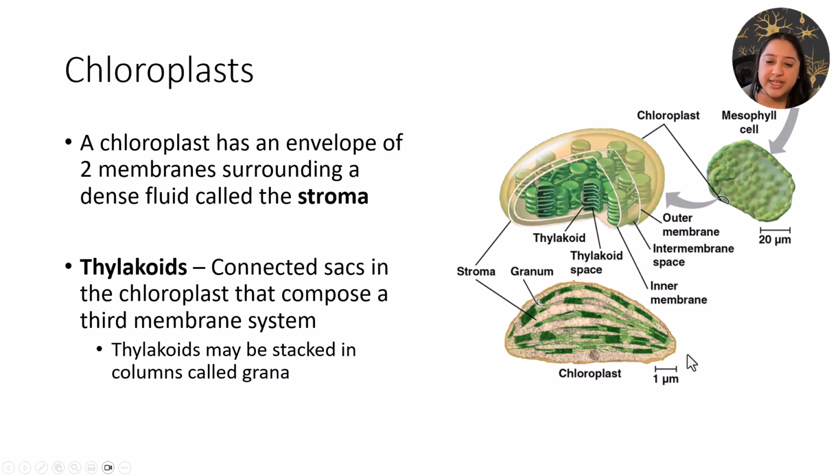It's not that easy to see in this picture, but yeah, there's 2 membranes. And then within those 2 membranes on the inside, there's this fluid called stroma. So all of this is the stroma in the chloroplast. It's kind of analogous to the cytoplasm in a cell.